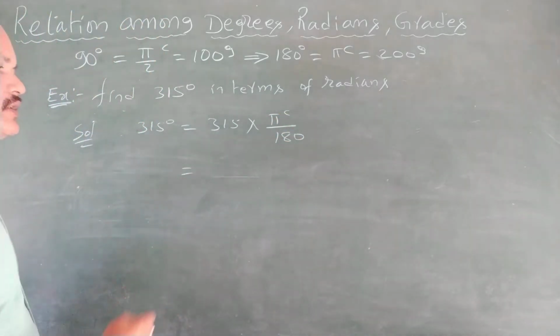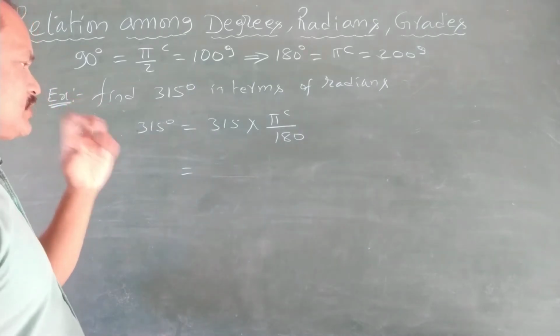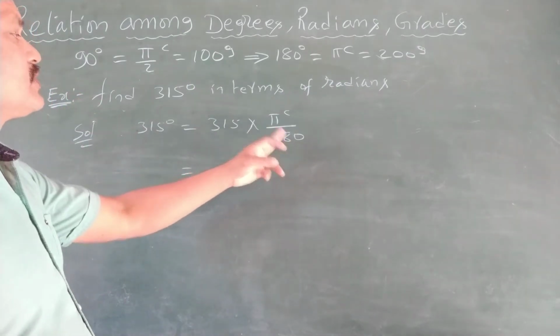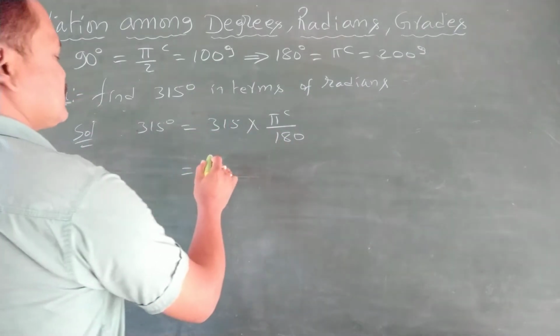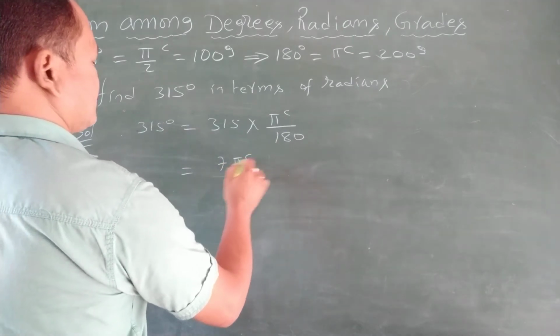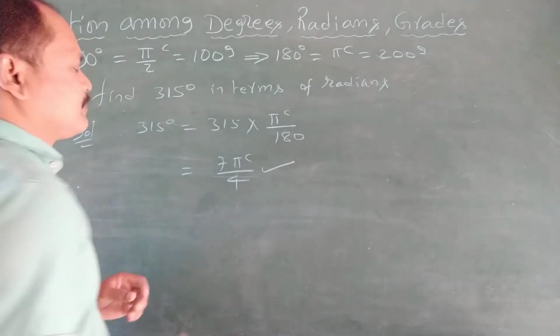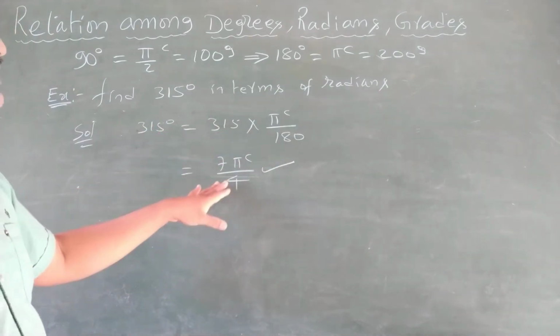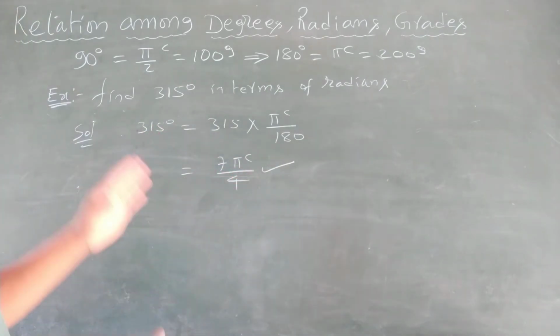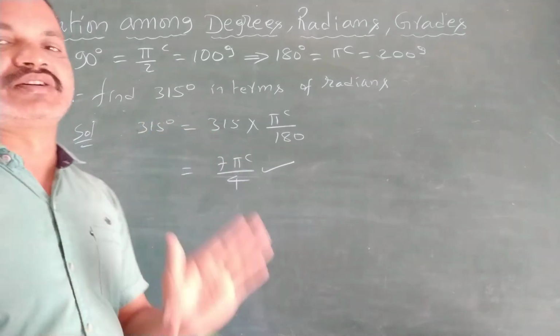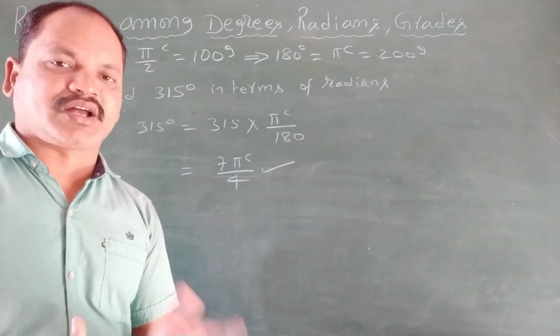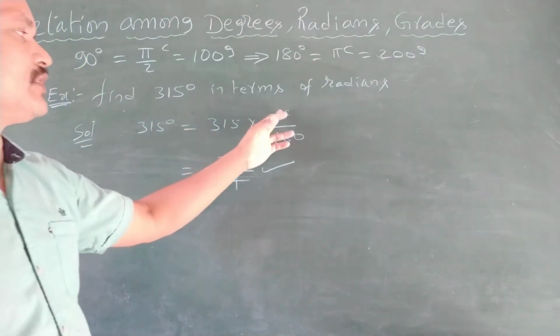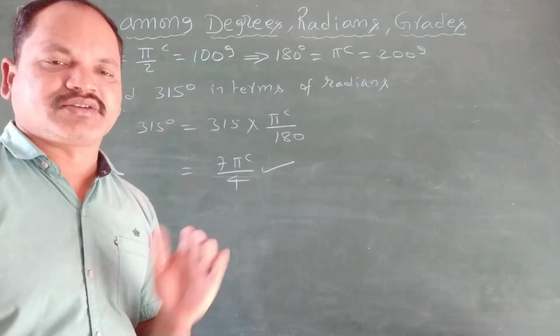That's why 45 fours and 45 sevens. So 7 pi radians by 4. 315 degrees is 7 pi by 4 radians. So degrees in terms of radians, we have to multiply with pi radians by 180. So that is the better way.